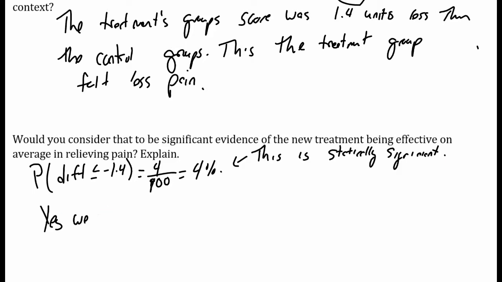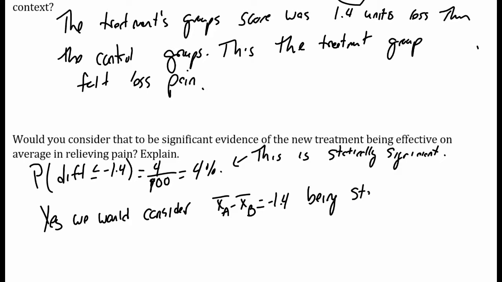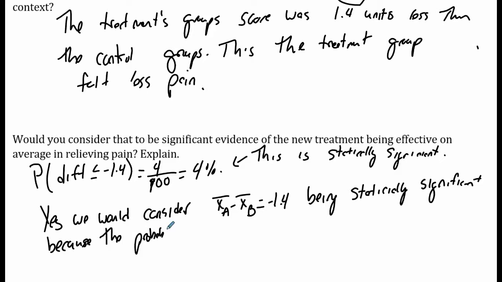Yes, we would consider the sample mean of A minus the sample mean of B equal to -1.4 statistically significant because the probability of it occurring by chance is only 4%.